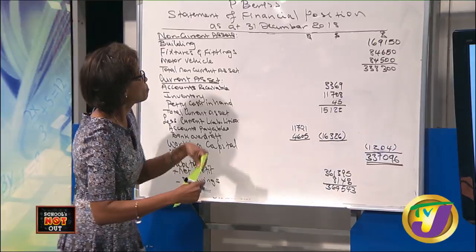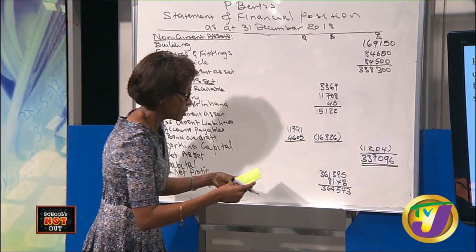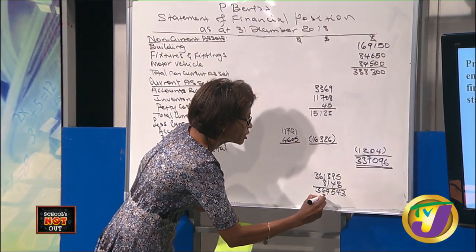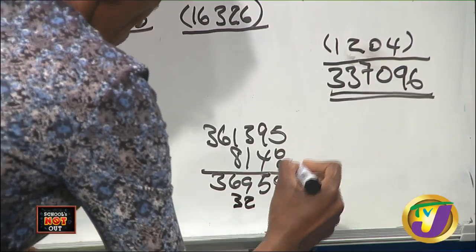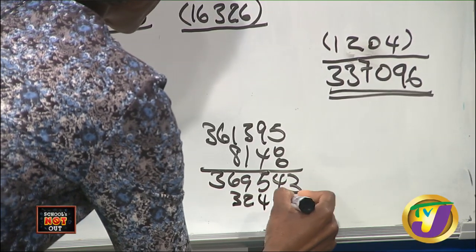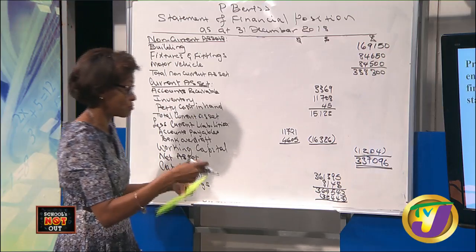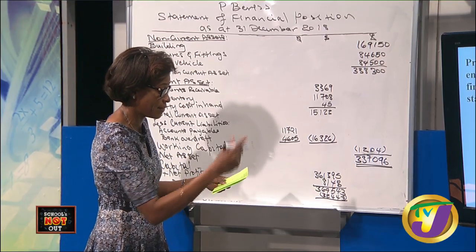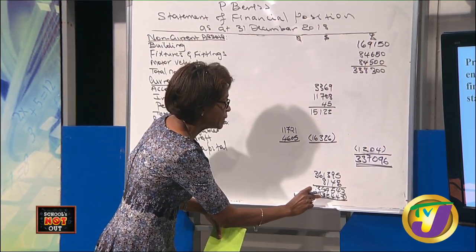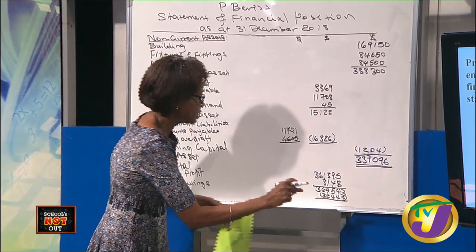Then we're going to less drawings. Remember what drawings is? What the owner takes out for his personal use. In this case, he took out $32,447. So what he's actually doing is reducing his investment. So let us see if everything adds up.